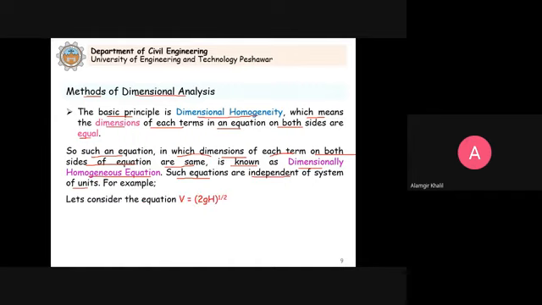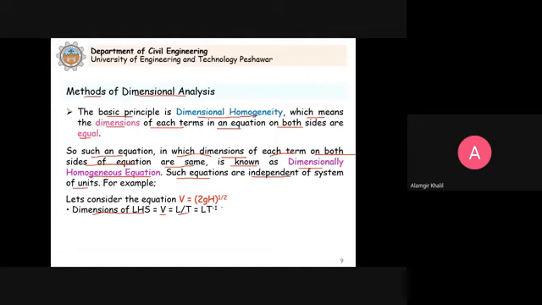For example, let us consider this equation that you studied extensively in your Fluid Mechanics 1 course: V equals square root of 2gh. The dimensions of the left hand side, velocity, are meter per second, length by time.